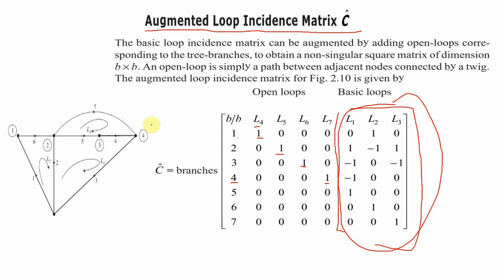These loops depend on how many branches are there, like this one is 5, 6, 7, and 4. So accordingly you write down 4, 5, 6, 7 and write diagonally 1, 1, 1, 1. So it becomes the augmented loop incidence matrix. These 4, 5, 6, 7 loops are open loops.